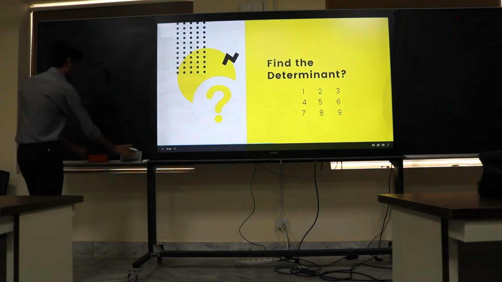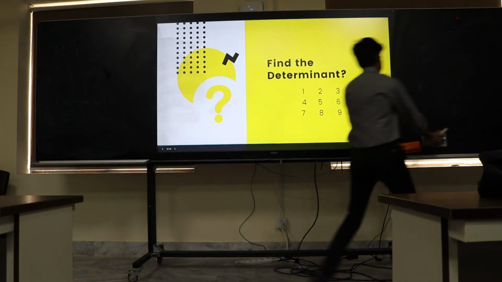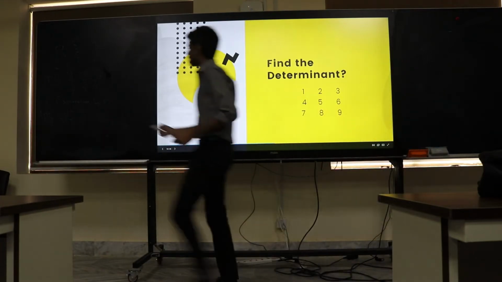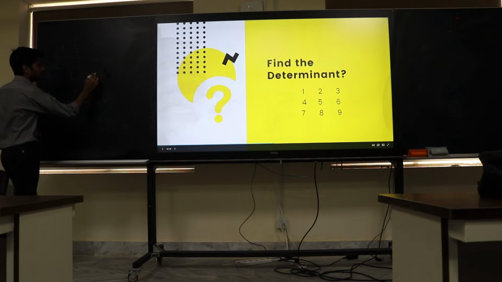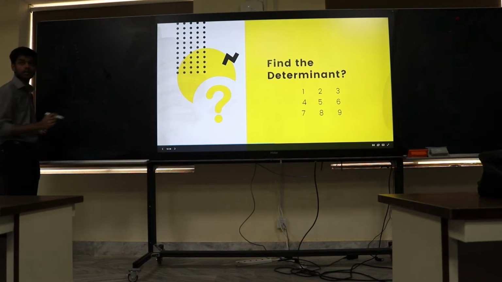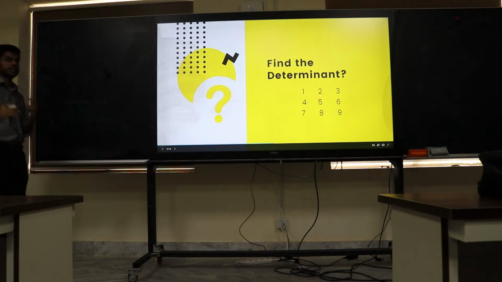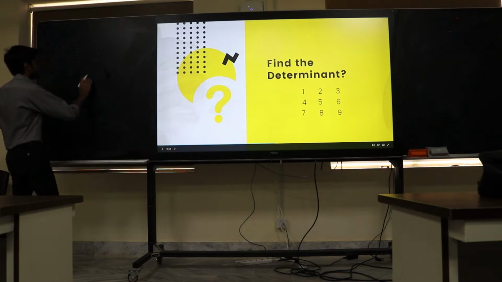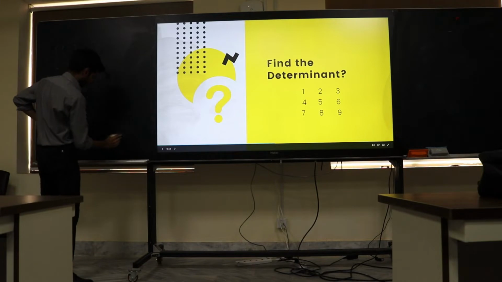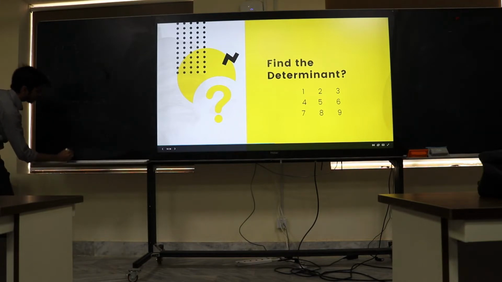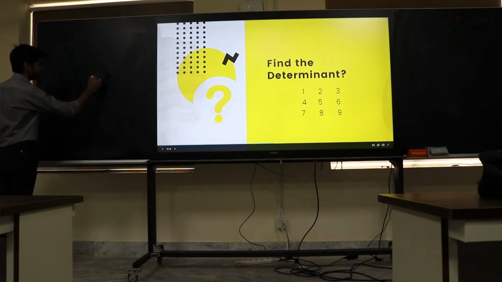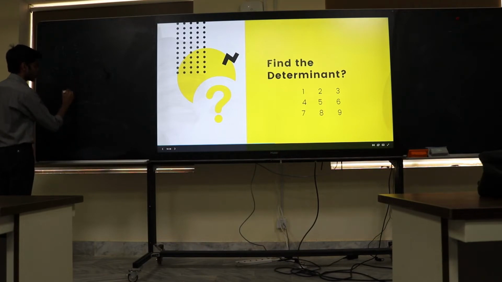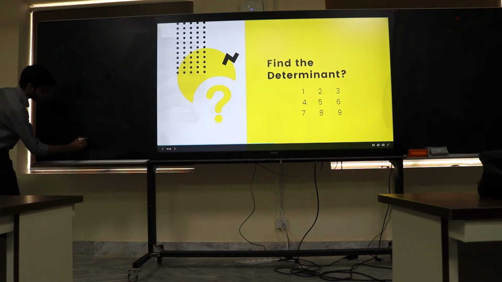Now we have the 3 part. So we will write here 3, and now we will delete this row and this column. So the matrix remaining is 4, 5, 7, 8.